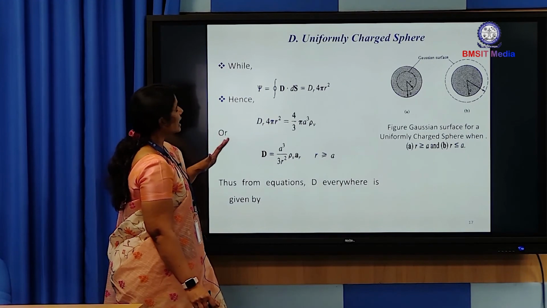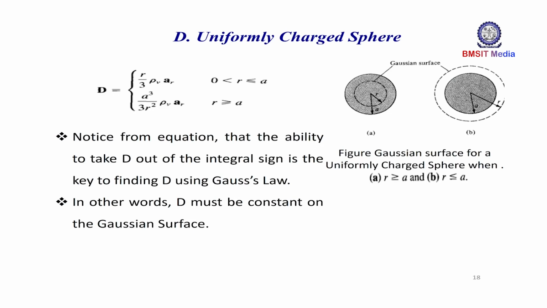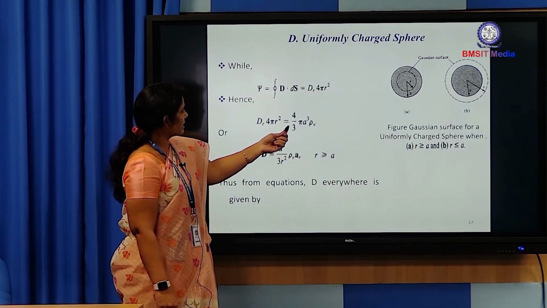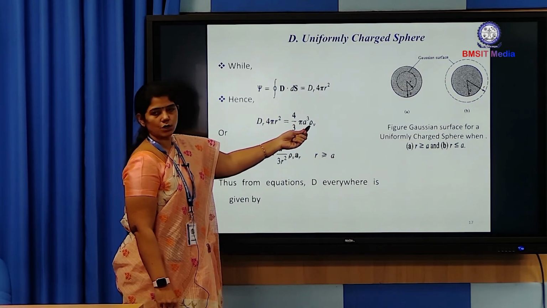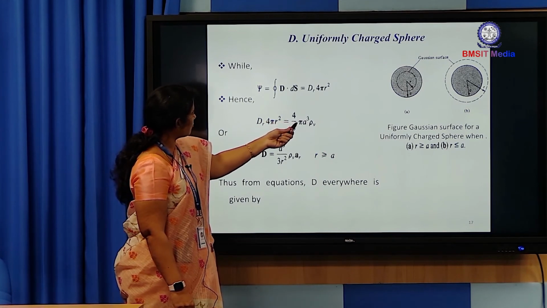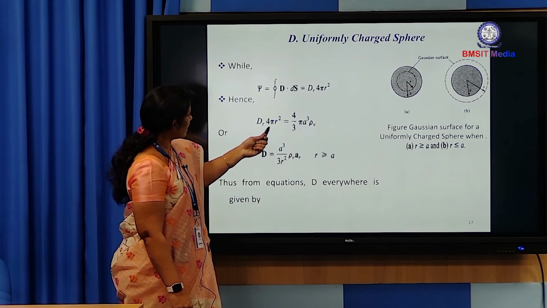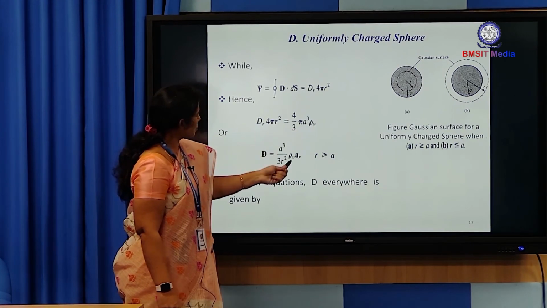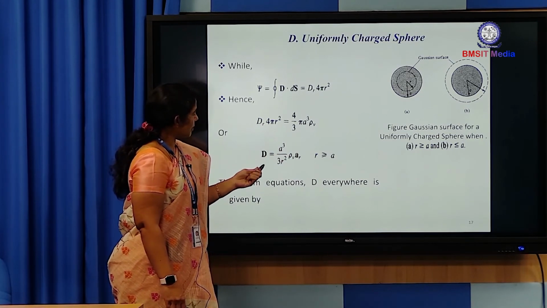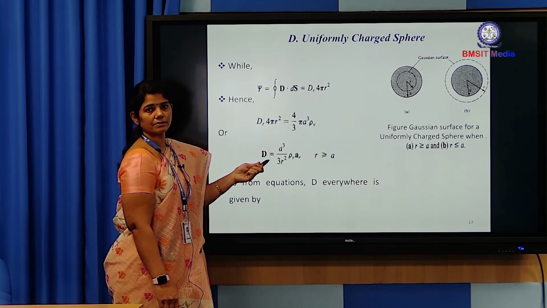Now you equate psi to Q enclosed: D_r 4 pi r square is equal to 4 by 3 pi a cube rho_v. If you cancel 4 pi, D is equal to a cube divided by 3 r square into rho_v into a_r. So, this electric flux density we obtained for the case r greater than or equal to a.